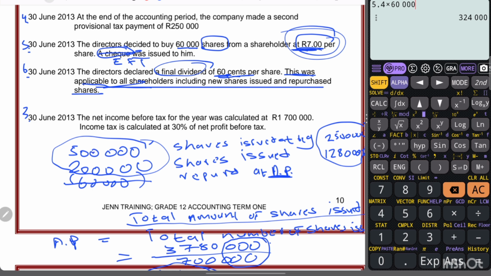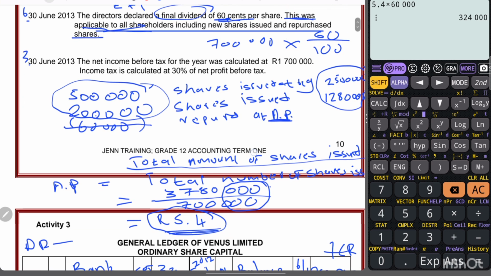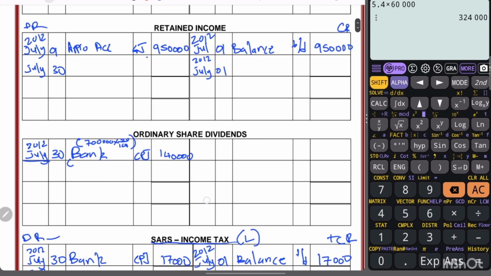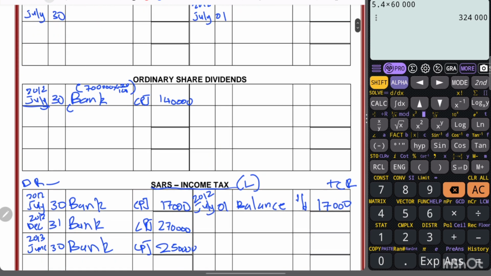You're going to take 1, 2, you combine the 2, and then it's going to be 700,000 multiplied by 60 over 100. Then we are going to record it under ordinary share dividends now. Then because this one is not paid, it is only declared, it becomes a liability for the company.